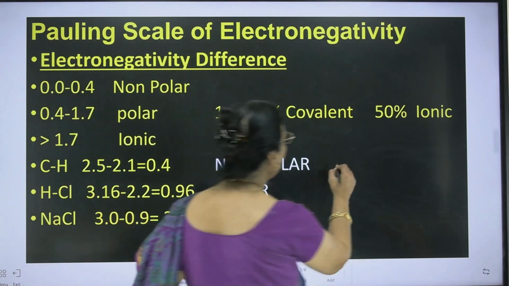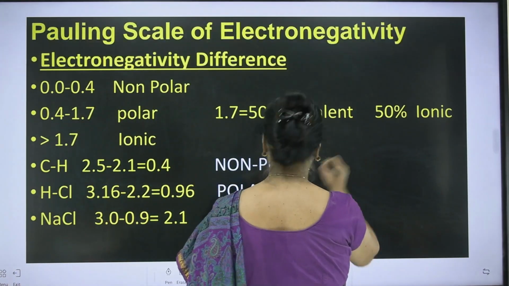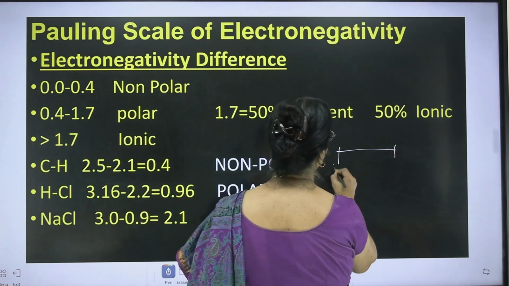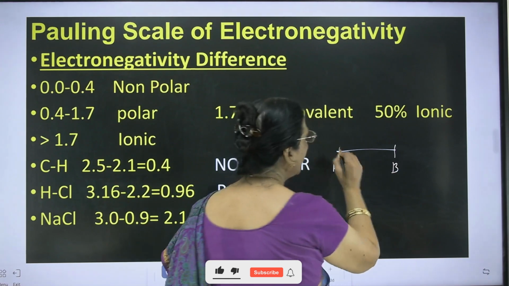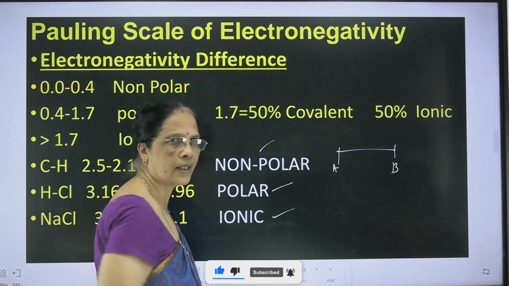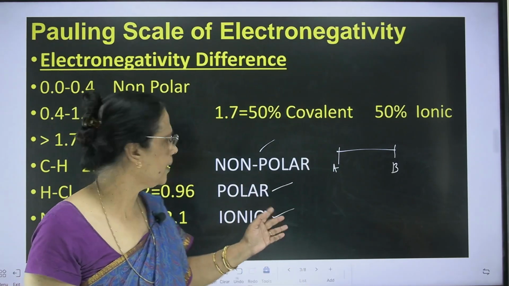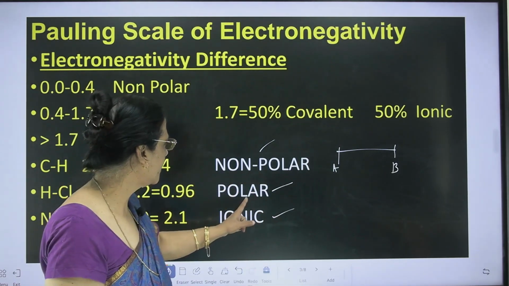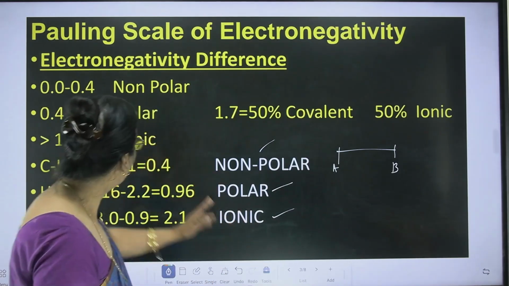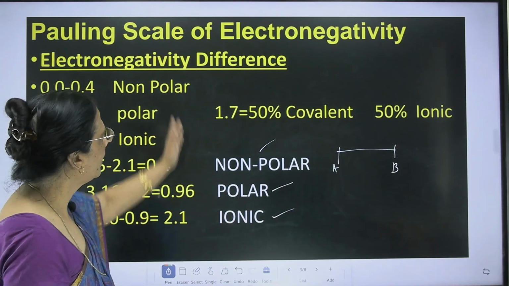Suppose this is a simple AB bond, then as we have seen, it may be non-polar, it may be polar, it may be ionic. Now what is the condition? In which condition it will be non-polar, in which condition it will be polar, and in which condition it will be ionic. From this scale we can have a rough idea.